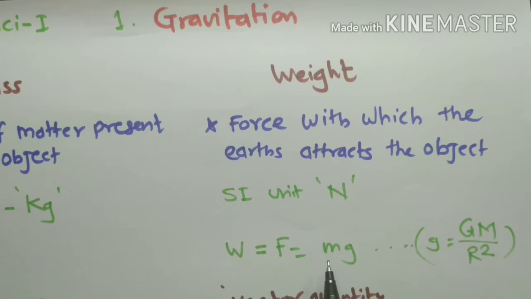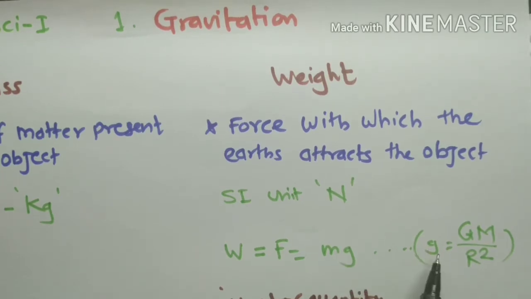You know the gravitational constant, the mass of the earth and the radius of the earth. According to that, this is g, and so we consider it the force with which the earth attracts. This is one point. The SI unit of mass is the kilogram.